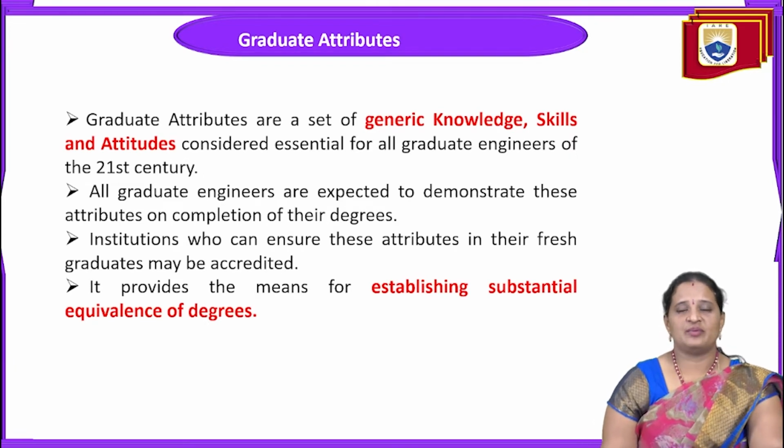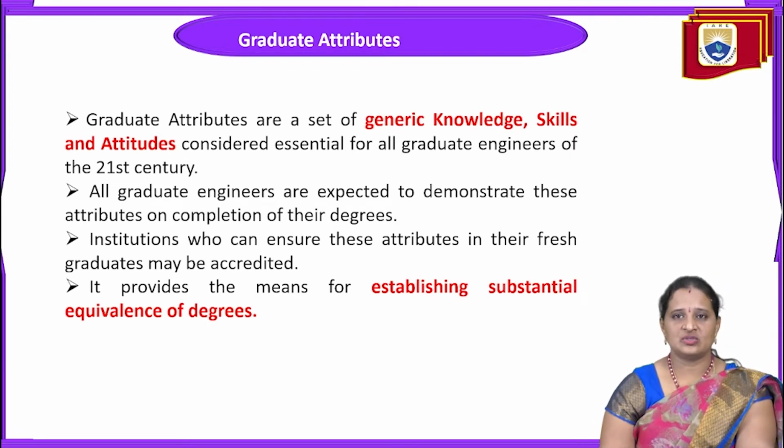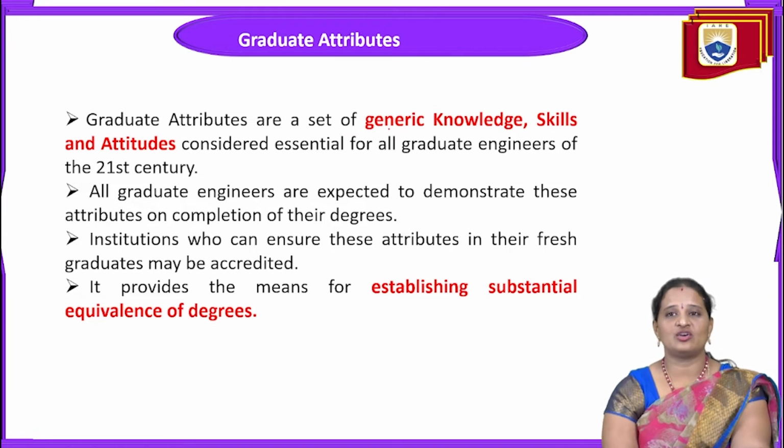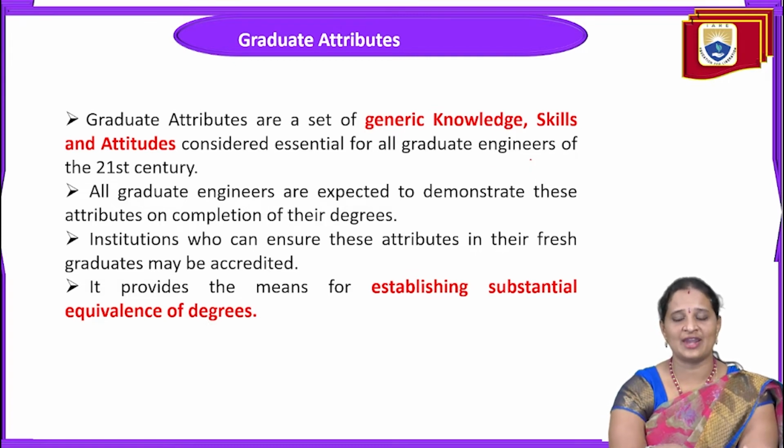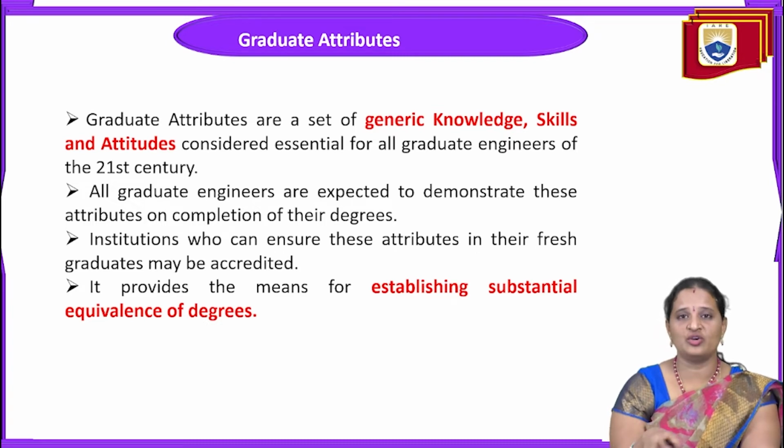Now, graduate attributes. What do you mean by graduate attributes? So, the graduate attributes are the set of generic knowledge, skills, and attitudes considered essential for all graduate engineers of the 21st century. So, these are all the essential attributes that a graduate engineer must have in order to meet the 21st century requirements.